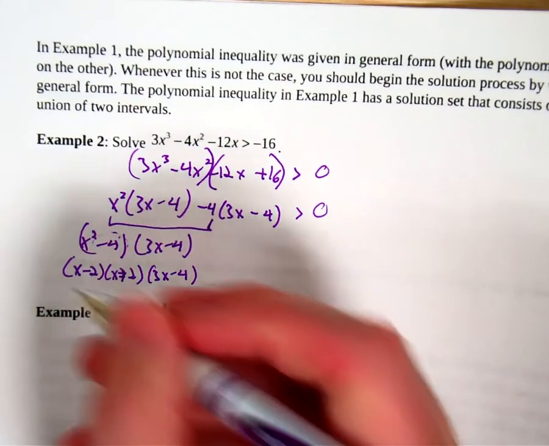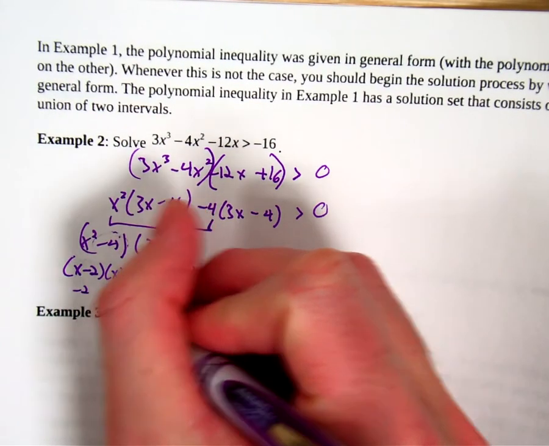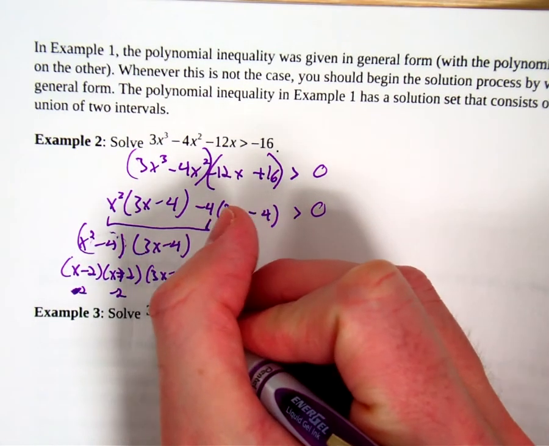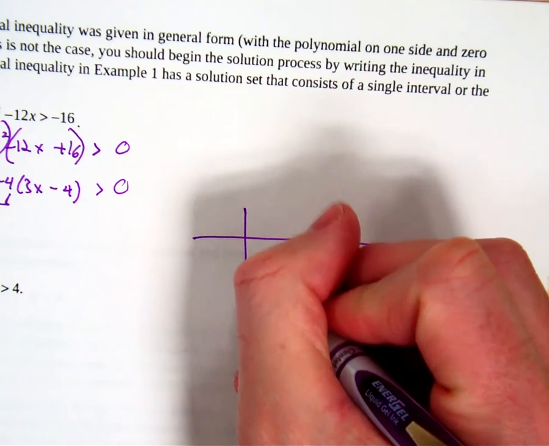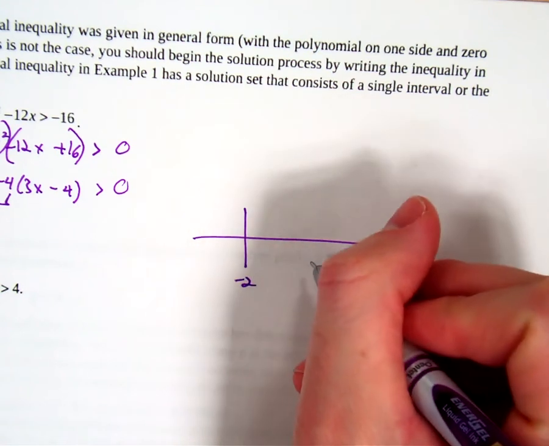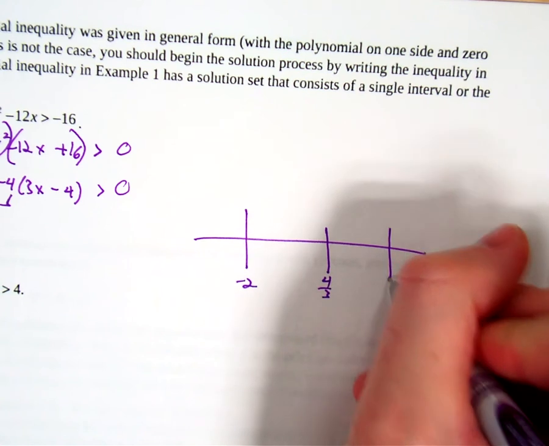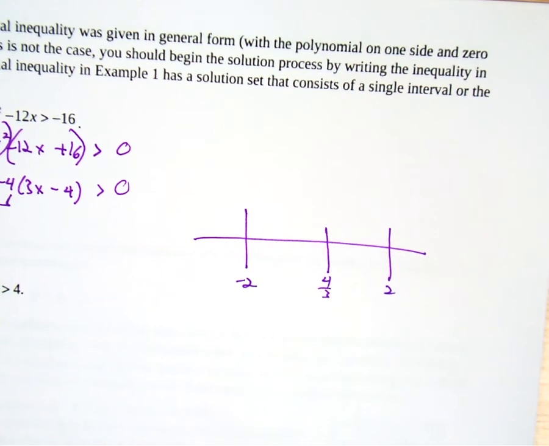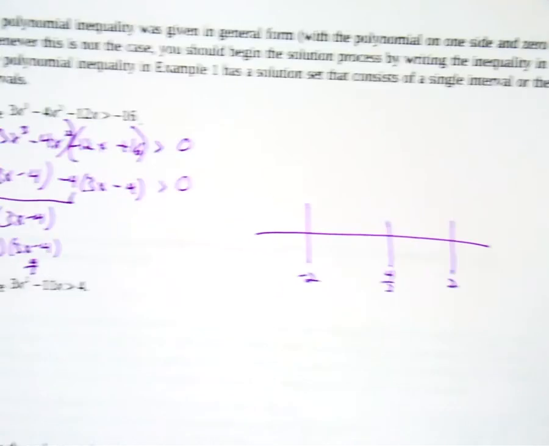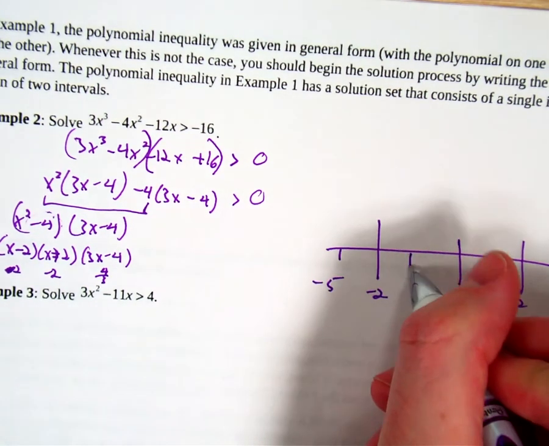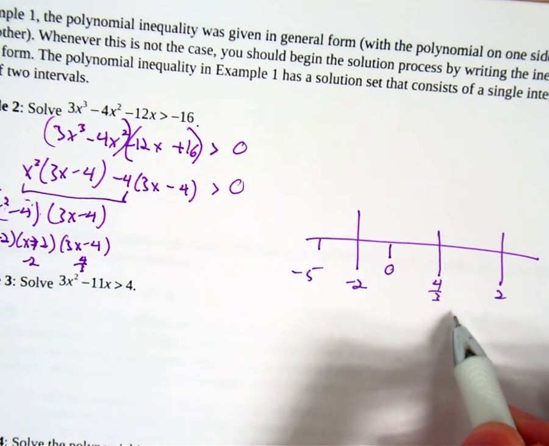So, after all that work, my answers are negative 2, positive 2, and positive 4/3. Number line, negative 2, 4/3, positive 2. Okay, outside of negative 2, let's test out like negative 5, 0, 4/3 and 2.